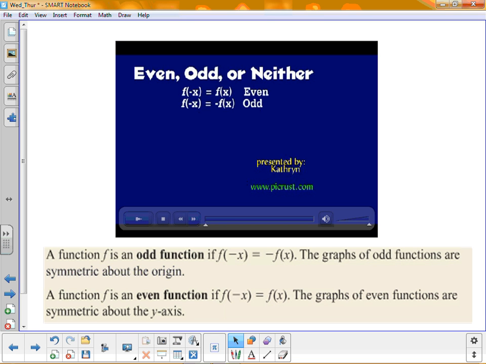The first thing I need to make sure you understand is what it is that we're looking for here. If the question that I'm about to ask you was asked with numbers, we wouldn't have a problem with it. If it was a number and I asked you whether the number was even or odd, you could tell me real quickly.